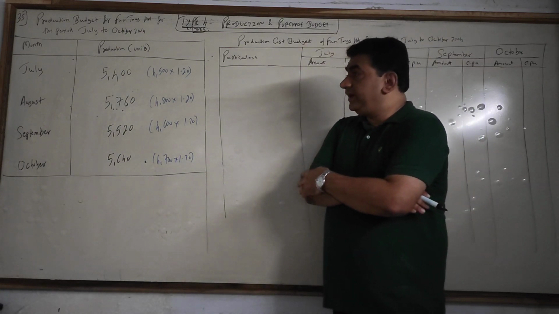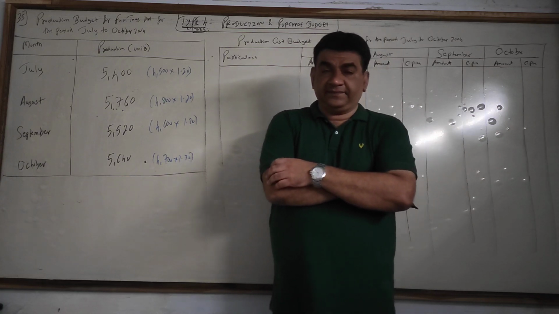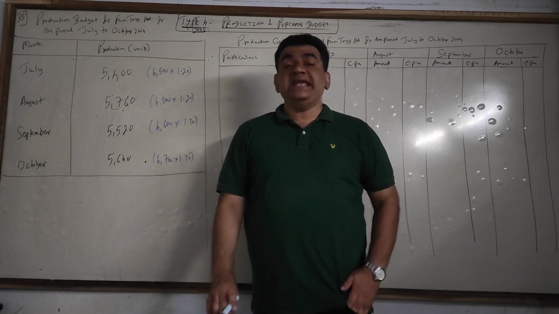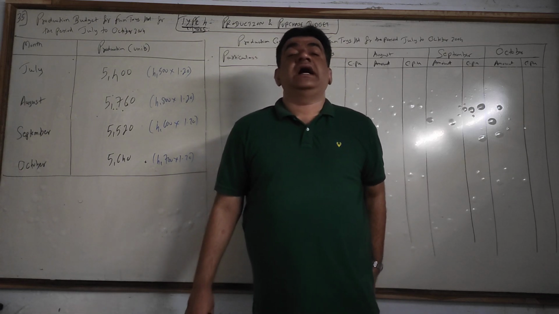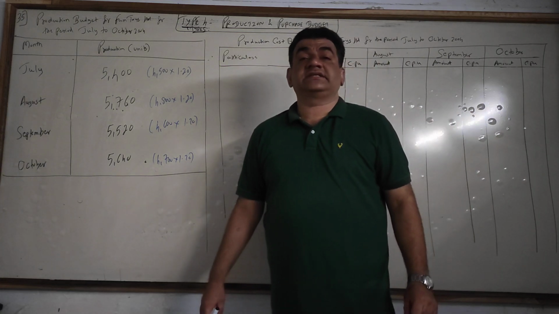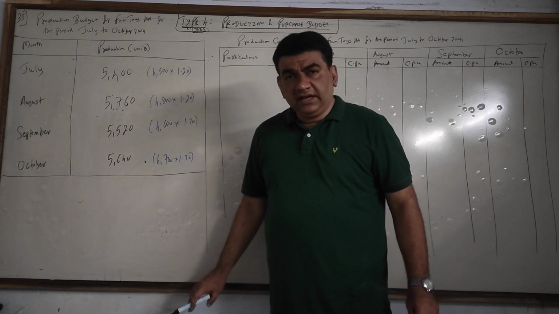So I'll repeat, guys. The units to be produced in each month will be next month's sales times 1.2. Clear guys?